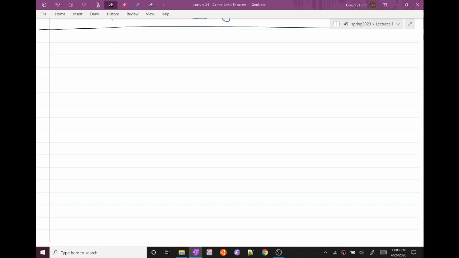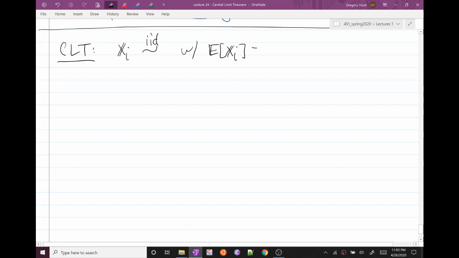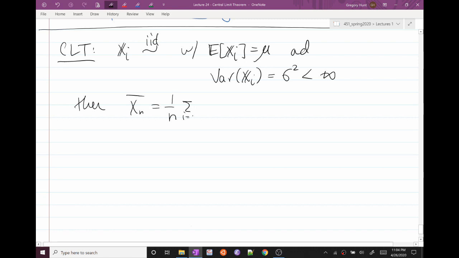So let's go back first and look at our statement of the central limit theorem. The central limit theorem said that if we have X sub i, which are IID, with each of them having a mean mu and a finite variance sigma squared, then we define Xn bar as 1 over n, sum from 1 to n of the X sub i.